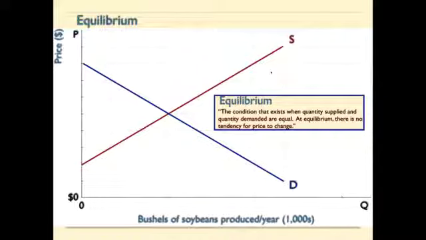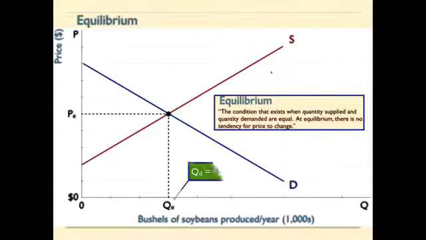So in order to get the equilibrium, we need to get the price where quantity demanded and quantity supplied are equal to one another. This occurs where the supply and demand curves intersect one another. At this intersection point, this gives us the equilibrium quantity, and that in turn gives us the equilibrium price.